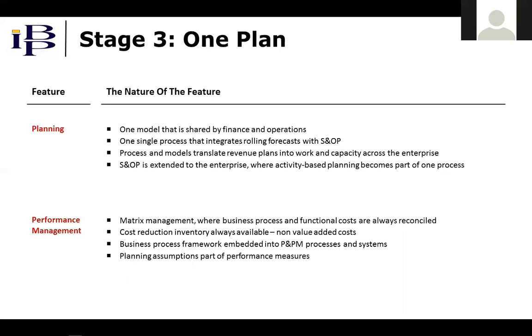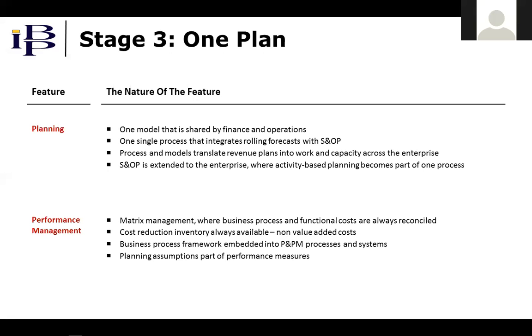From a performance management perspective, one of the things that's happening is what I call matrix management. I think where business processes people see business processes as being important to have one kind of view of the outcomes of a company. Having cost reduction inventory always available, which means that I always know what my processes are looking like. I always know the non-value-added activities in my processes going forward.